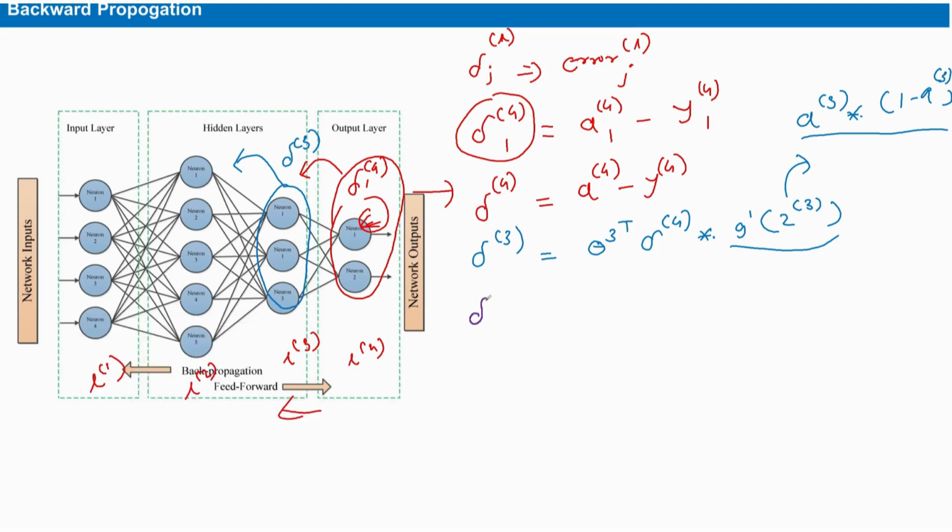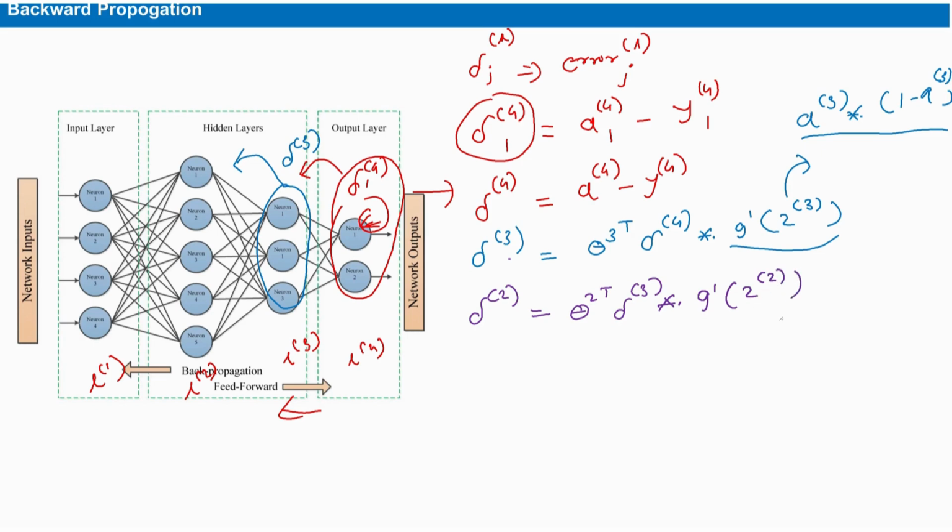Then delta 2, which is nothing but the error with respect to the second layer, how will we find it? Theta 2 transpose, matrix multiplication with delta 3. From here we will get delta 3, then element-wise multiplication with the derivative with respect to the linear computation Z2 of layer 2.